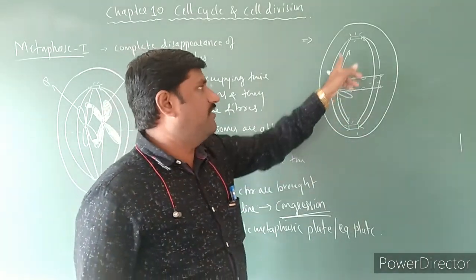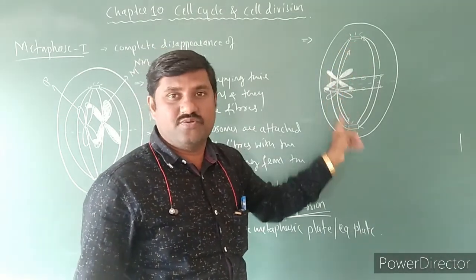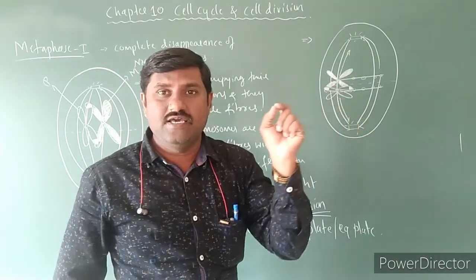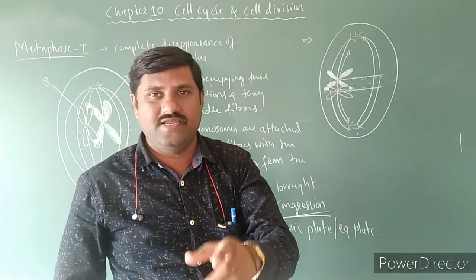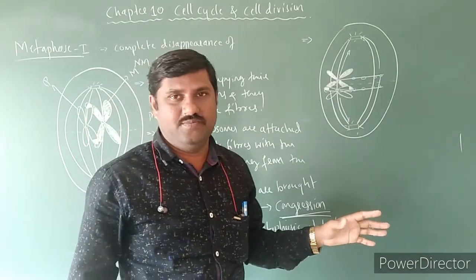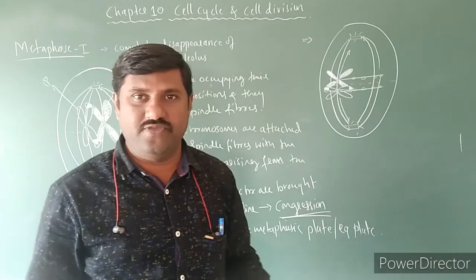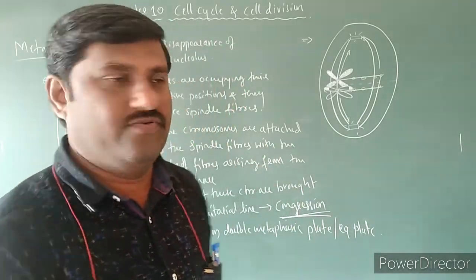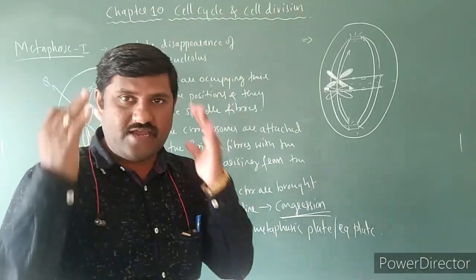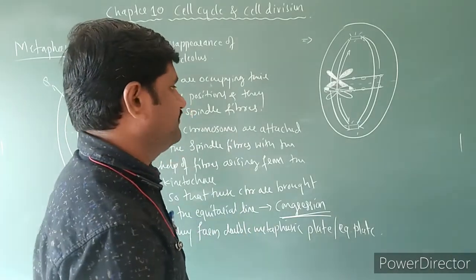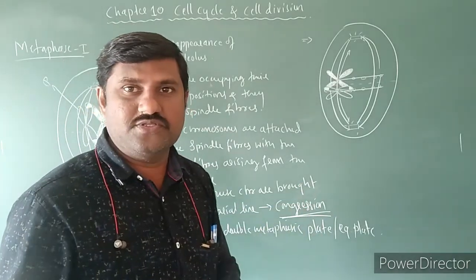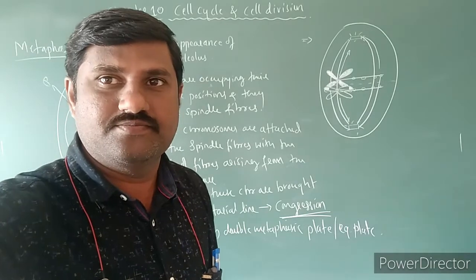The rapid movement of these chromosomes takes place in anaphase 1. Already we have seen this one, but there is a difference that we are going to clarify over here. So this is the fact you should always remember. Now we shall go to anaphase 1.